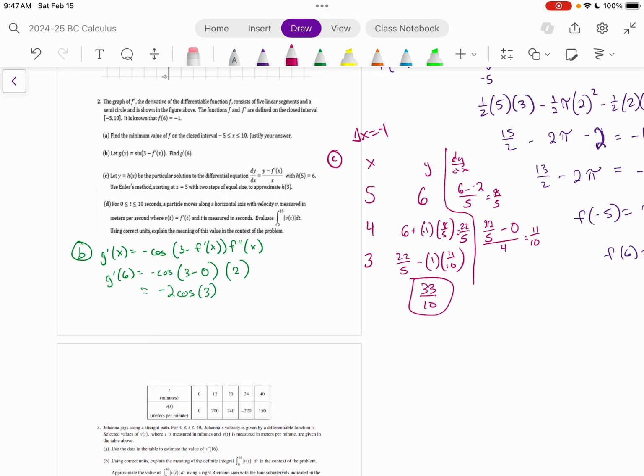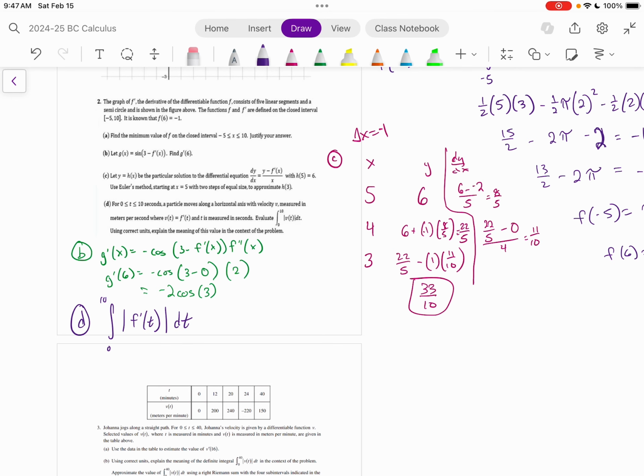Particle. Okay, evaluate this and talk about what that... Okay, so we're going to talk about what this integral means. 0 to 10 of the absolute value of f prime of t dt.